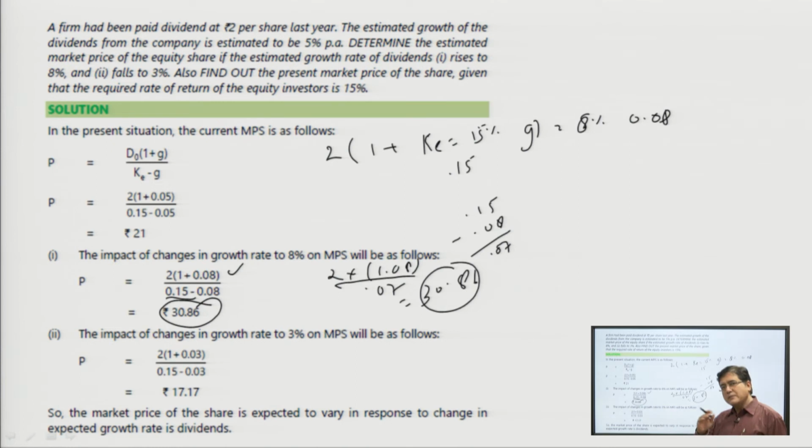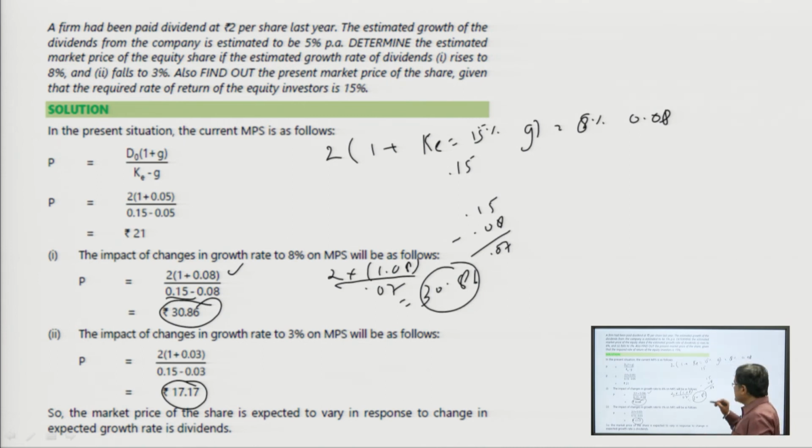Now, when the growth rate comes down to 3%, the formula remains the same, we just replace 8% with 3%, and our calculation gives 17.17.